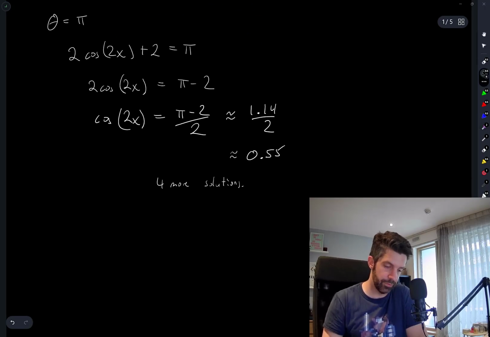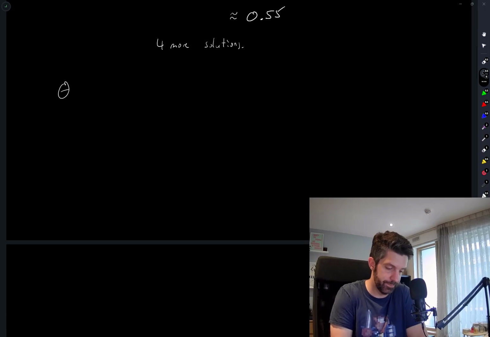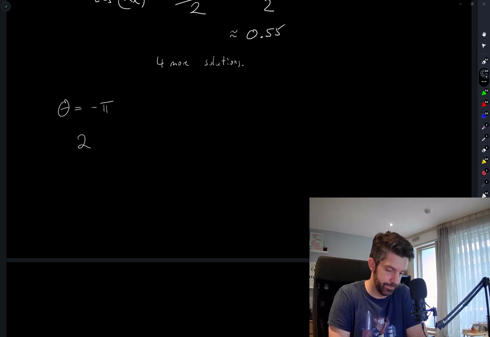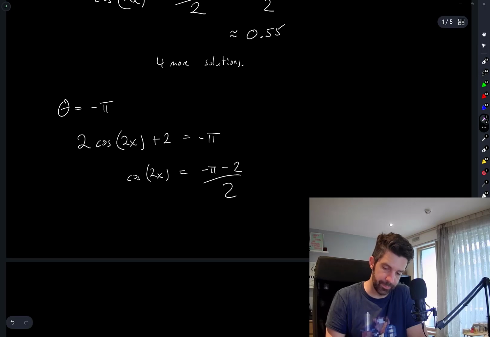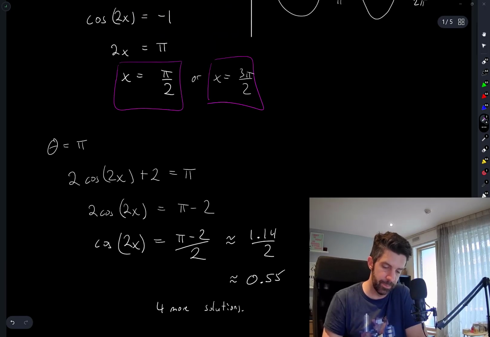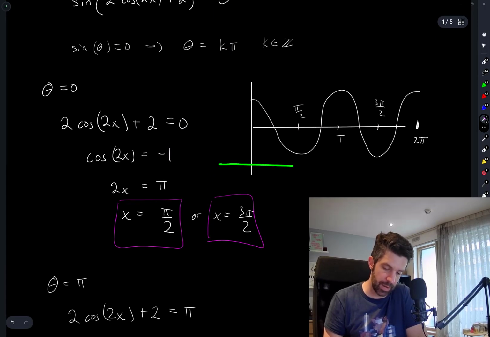So let's look at when theta is equal to negative pi. This might also not have any solutions. Okay, so what is this number? This is approximately negative 5. Negative 5 divided by 2 is 2.5. So that's a line down here.